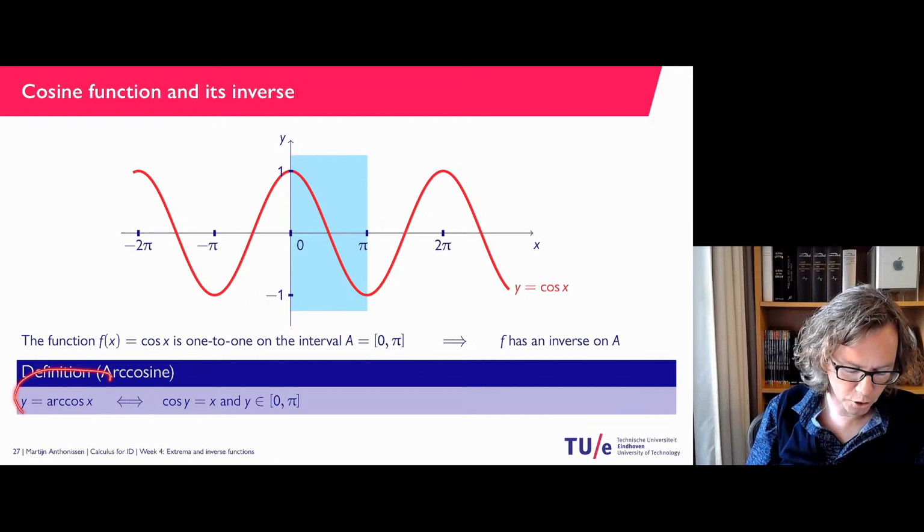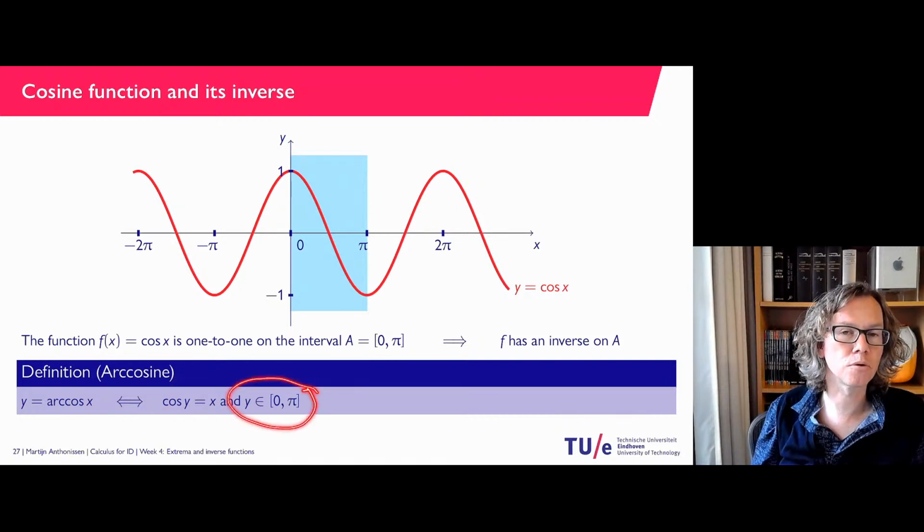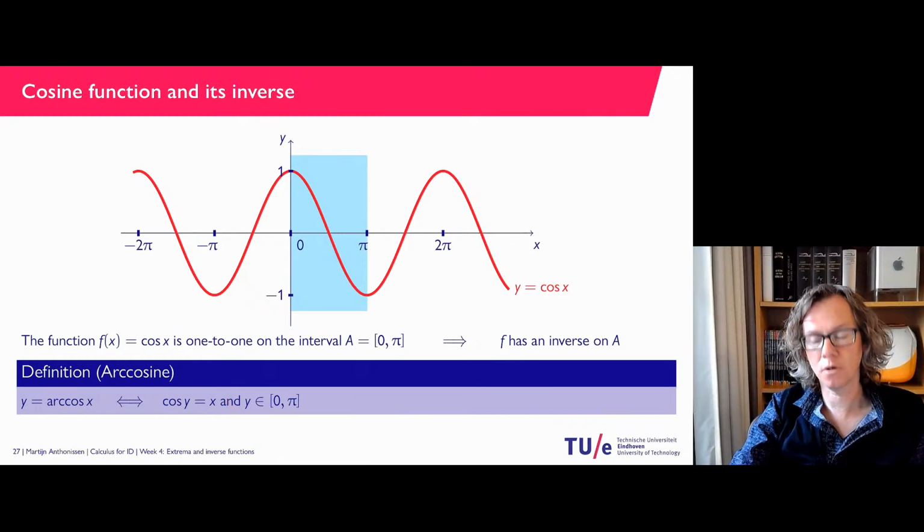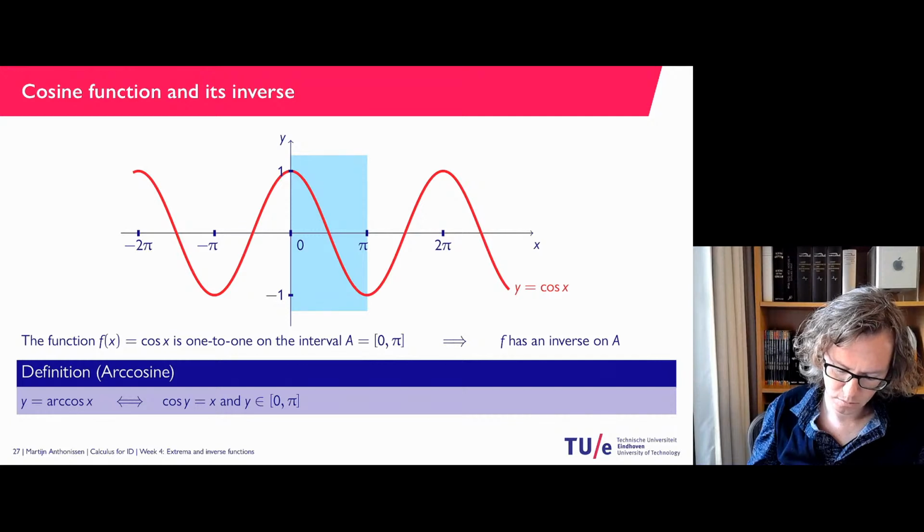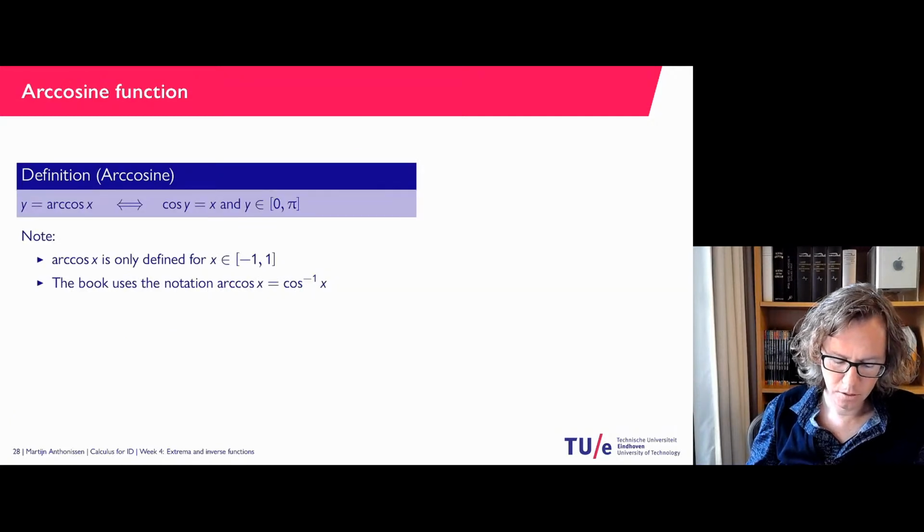So y equals arc cosine x, that is equivalent to saying that the cosine of y equals x, and y is from the interval from 0 to pi, because that is the interval we consider the cosine on.